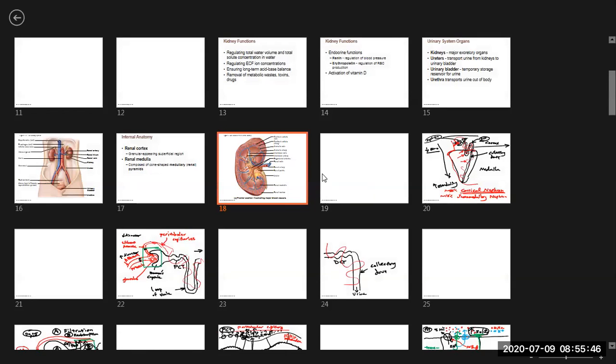Next up, I would like to go over perhaps different parts of the nephron. So each nephron is one of those tiny little tubes. The basic functional, structural unit of the kidneys is the nephron.